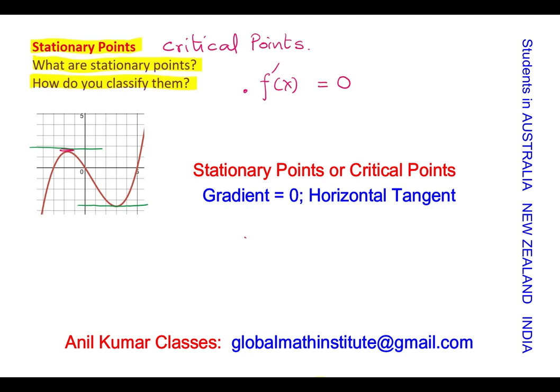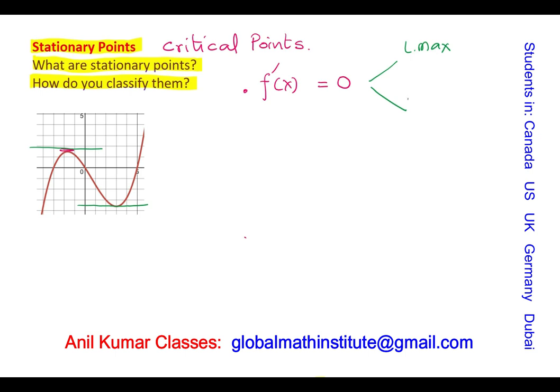So we have identified 2 different situations where this critical number called stationary point is either a local maximum or a local minimum. However, there is another condition also. It is not necessary that it is a maximum or a minimum all the time, right?